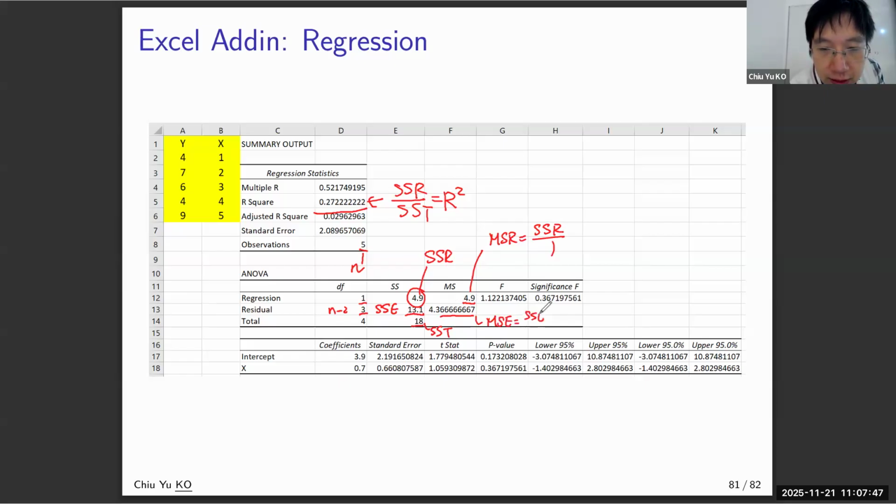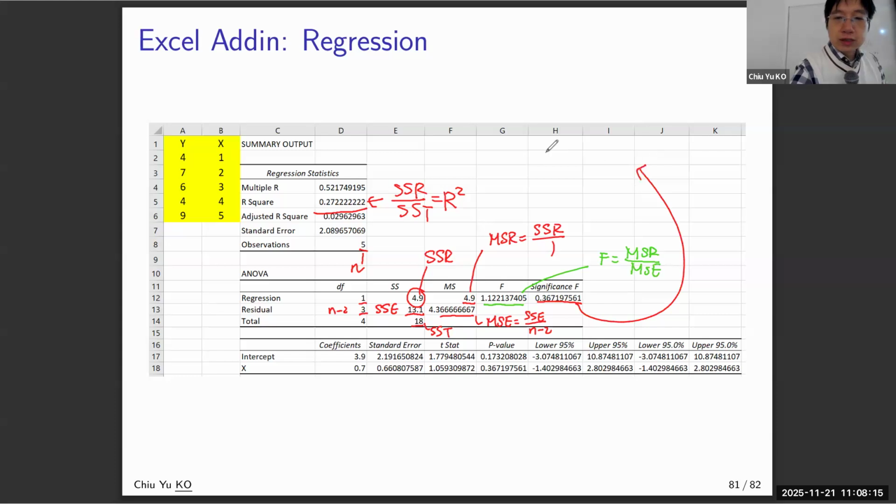Is SSE over 2. And this guy is what? F is MSR over MSE. Okay. And once you did that, you do the F test. It's a one-tail F test, right? So that is 1 minus the F distribution.